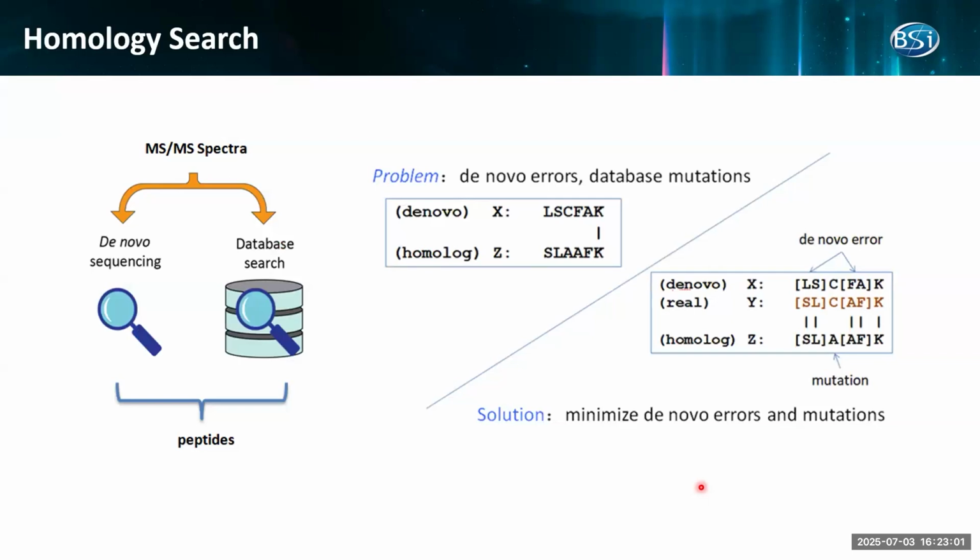Here I specifically introduce the homologous search for DIA, because for DIA, de novo is much more complicated than DDA, because any spectrum is generated from multiple precursors. Those fragment ions might cause de novo errors or interference.